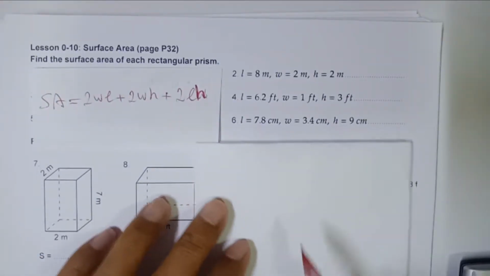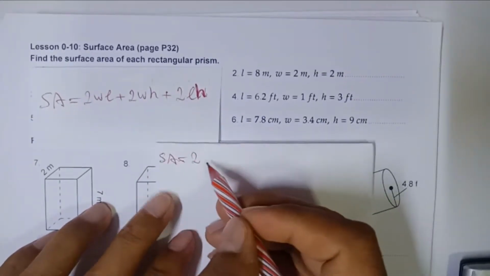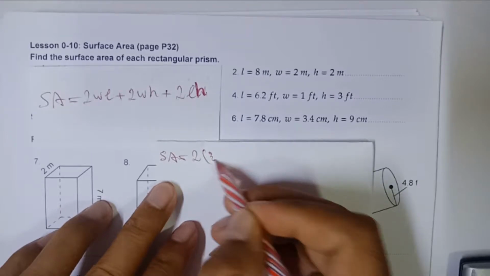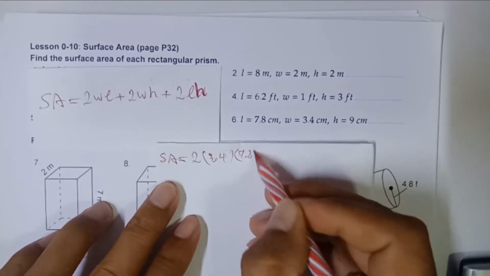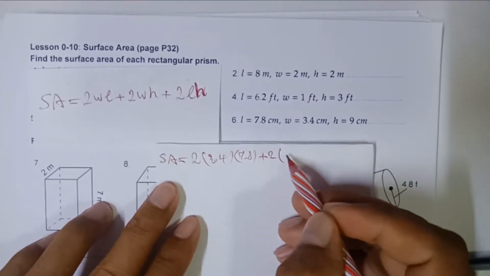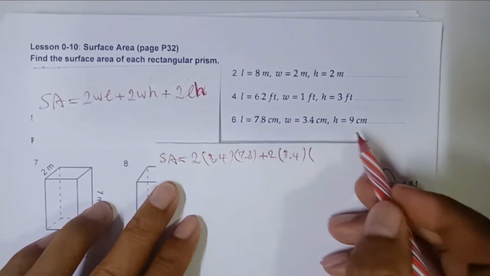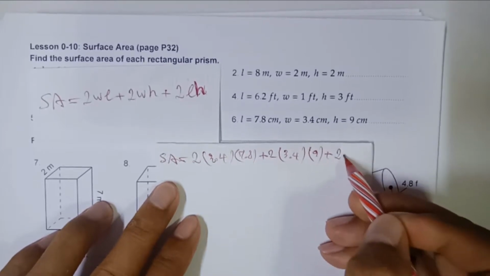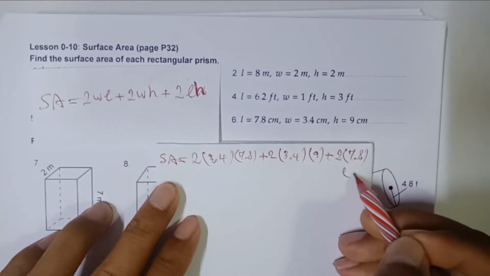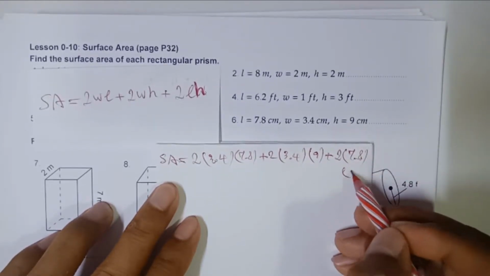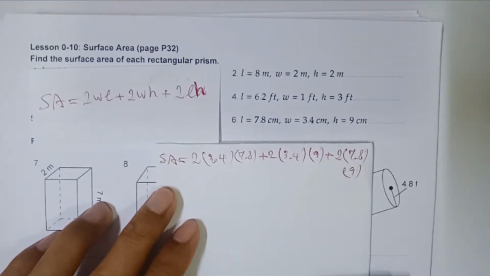For number 6, SA is equal to, by formula, 2 times W, which is 3.4, times L, 7.8, plus again 2 times W, which is 3.4, times H, which is 9, plus 2 times L, which is 7.8, multiplied by H, which is 9. So you multiply and you add together. Let me work that out for you.